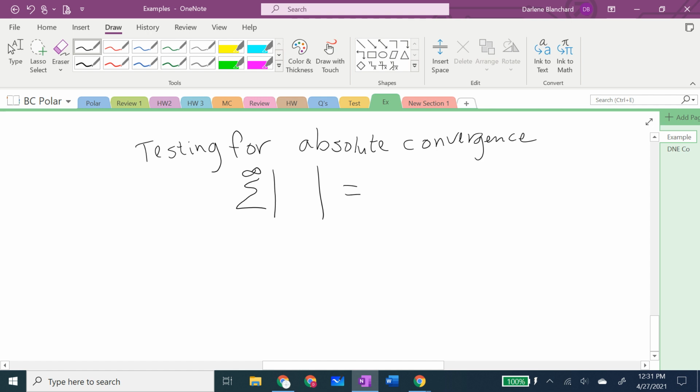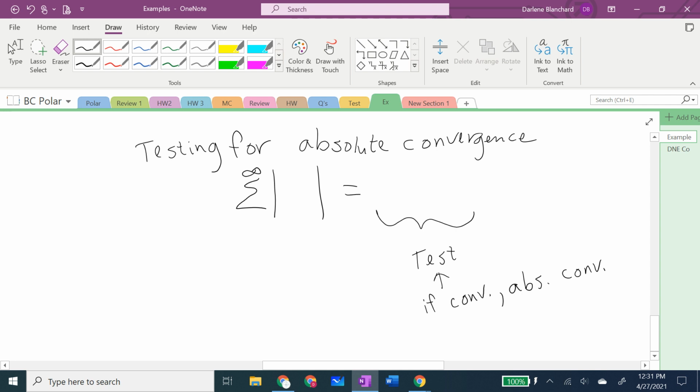Write what it is after the absolute value has been taken. Test that series. Be clear about who you're testing. Then if you get converge from this, that means absolutely converge. And you're done. You don't need to explain any further.